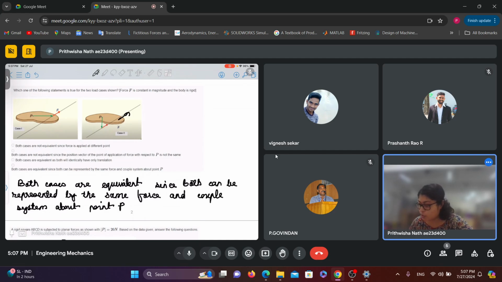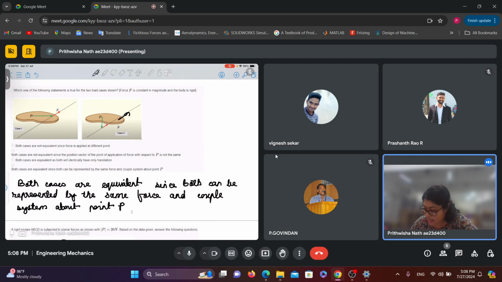The second option is both cases are not equivalent since the position vector of the point of application of force with respect to P is not the same. The third is both cases are equivalent as both will identically have only translation. And the fourth one is both cases are equivalent since both can be represented by the same force and couple system about point P. So here option 4 is correct since we know that force is a sliding vector.